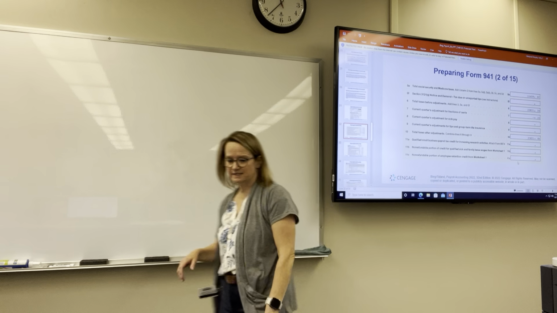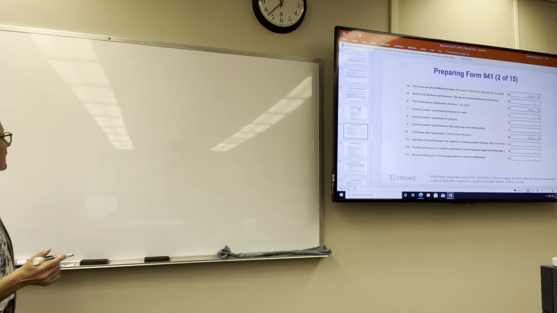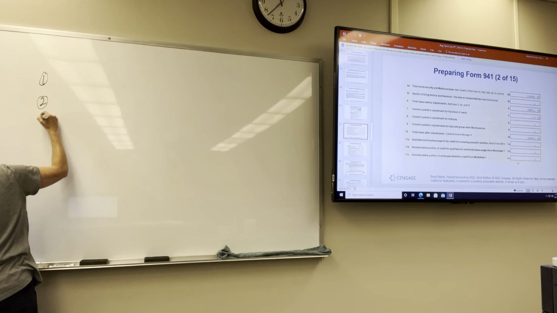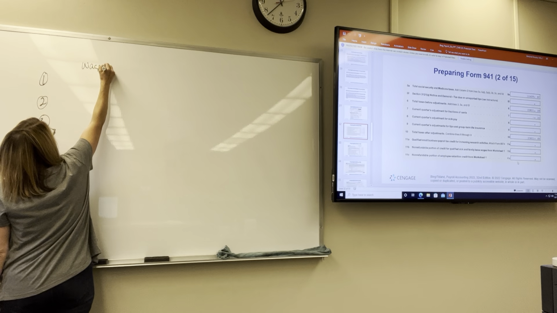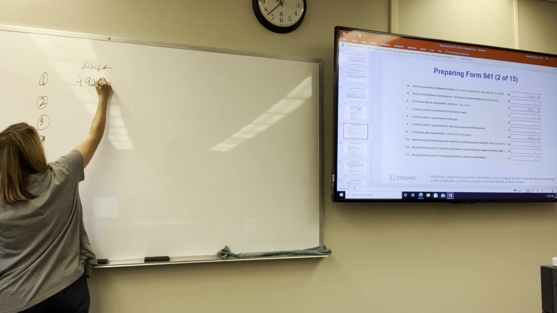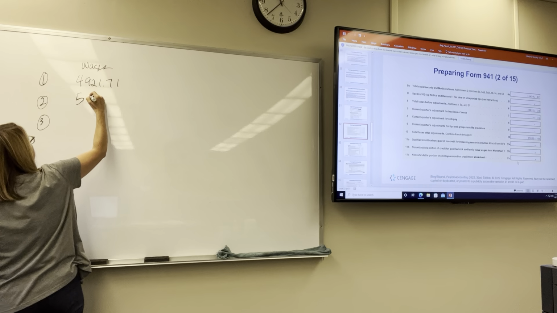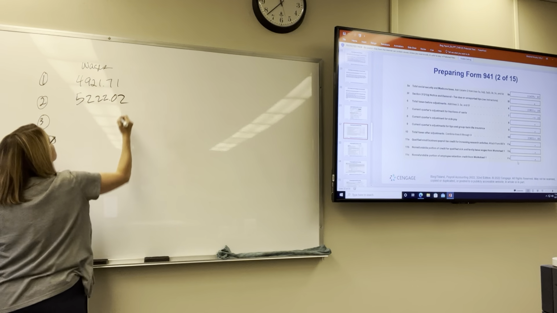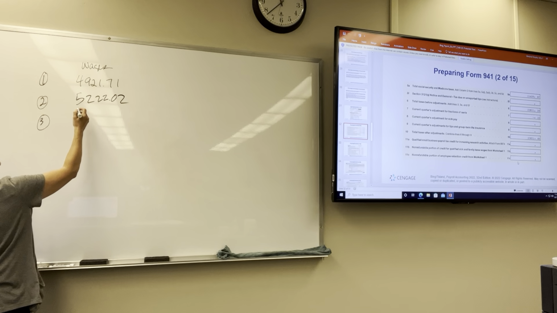I don't know if I can put together an example. Let me show you how this works. Let's say we've got 3 employees: employee 1, employee 2, employee 3. They were paid wages during the quarter of, let's say, $4,921.71, $5,222.02. I don't know if this is going to work out because I'm just making these numbers off the top of my head.